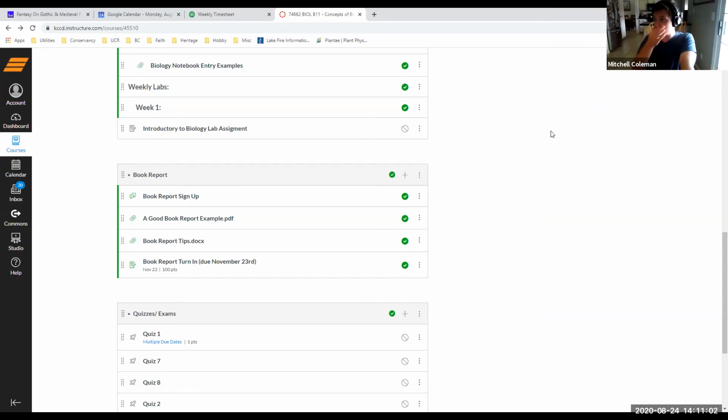And so remember, for the lab components of the class, typically every lab session is about 2 hours long, and that's twice a week in a typical biology 11 class. And so up to 4 hours a week, if this were a fully face-to-face class, we would be having up to 4 hours of lab time a week.